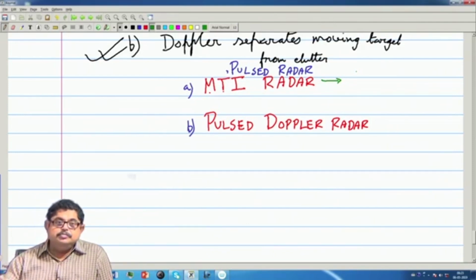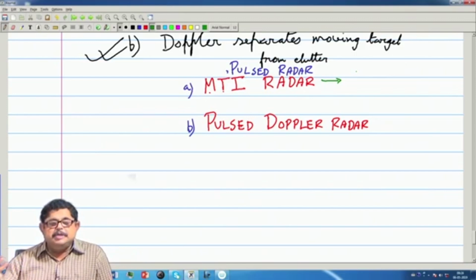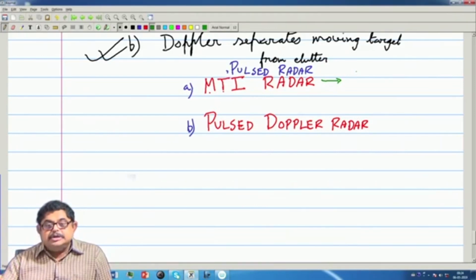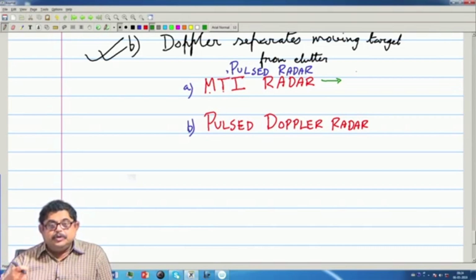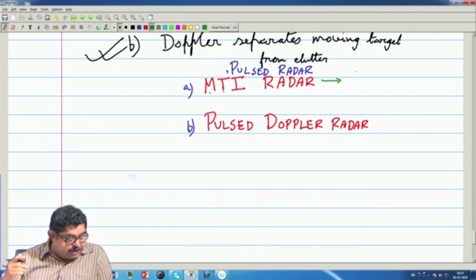The range is measured from time measurement, transit time measurement, and the velocity of the target is measured by measuring the Doppler shift produced in the echo signal compared to the transmitted signal.